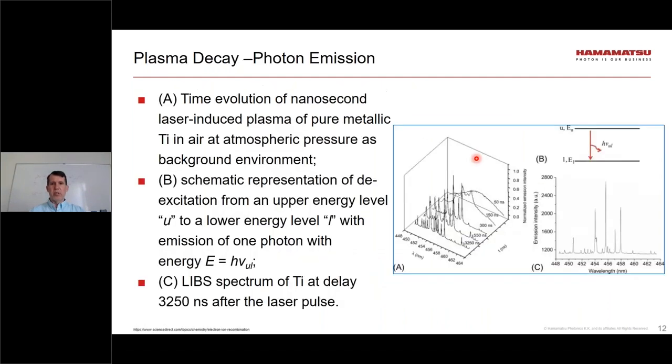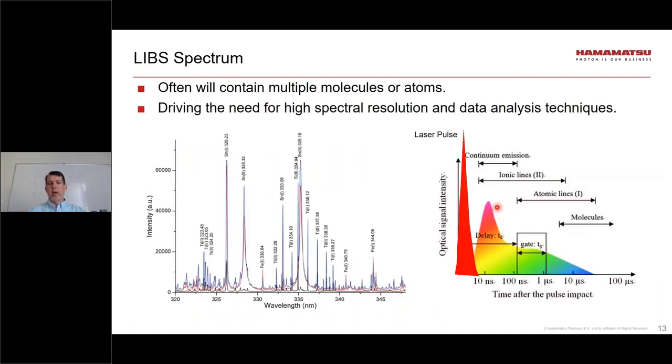Remember in the previous diagram, we saw that at 50 nanoseconds, it was just this continuum spectra without the emission lines, because that's exactly what is occurring in the plasma in the beginning. So it goes through this continuum emission, some ionic line emission, but then we get into the real part of the measurement, which are the atomic lines.